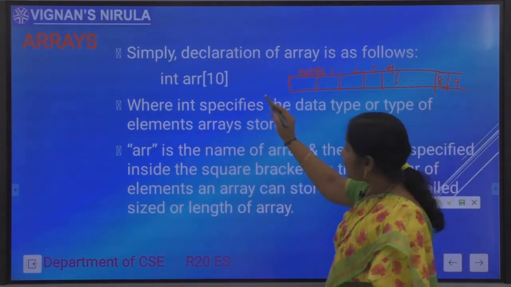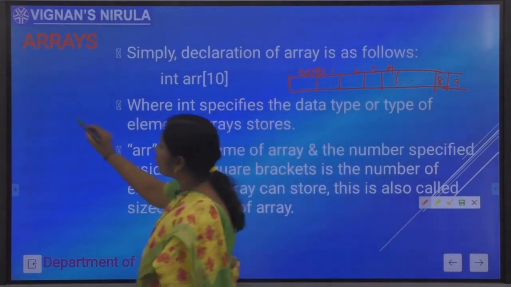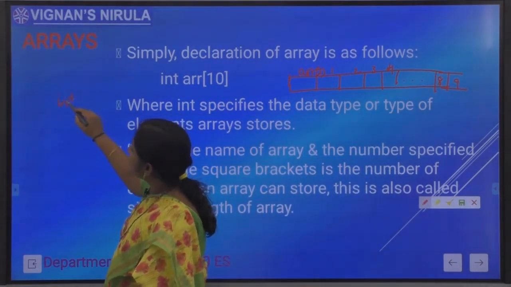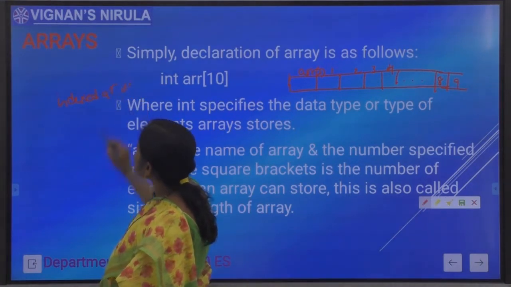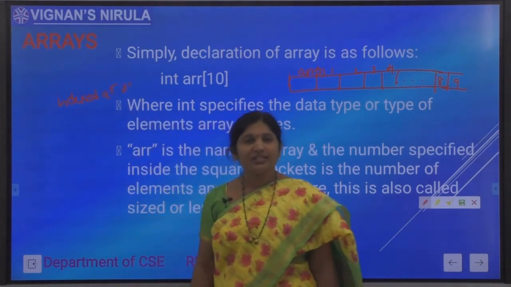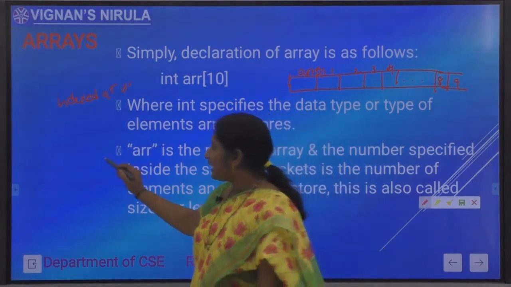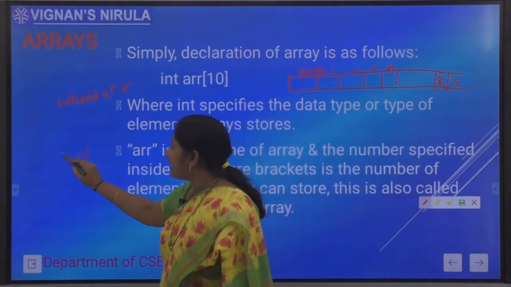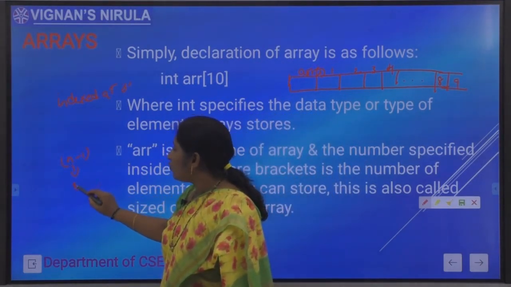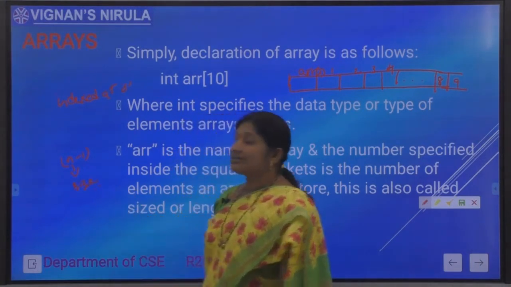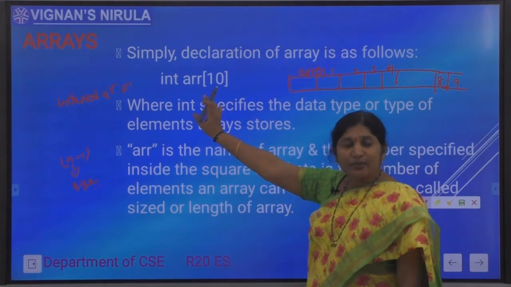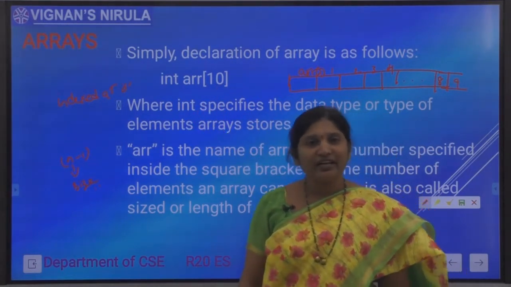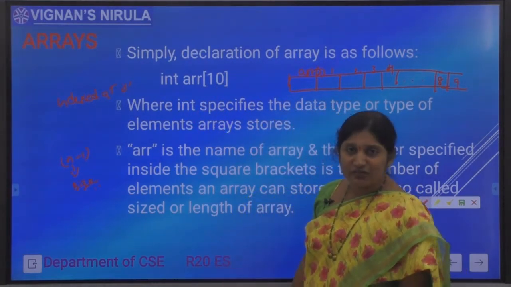Always the first array element is indexed at 0, the second element at 1, the third element at 2, and the last element at n minus 1, where n is the size of the array. Here in this example, what is the size of the array? 10 is the size of the array.